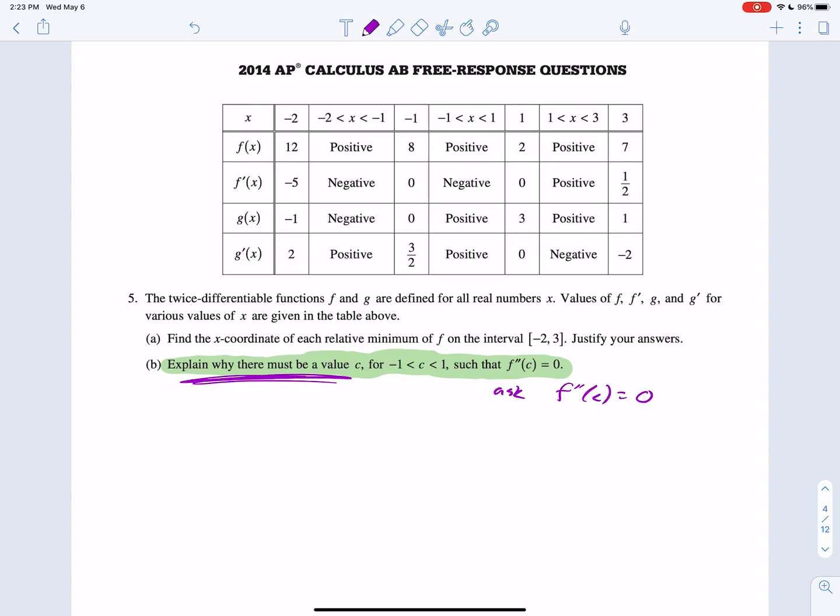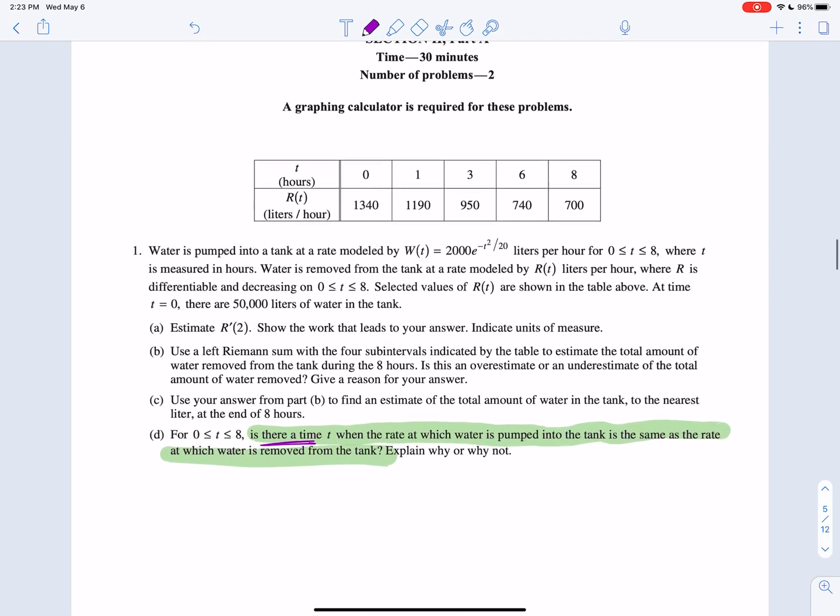It's kind of tough to see what they give you here, but at the very most, they give you F and F prime. So that's at most what's given, and they're asking for the second derivative. So right away, I'm thinking that MVT works best because I have no information about F double prime. They're asking for the derivative of what they gave me, okay? So MVT is best here. I'll come back to it.